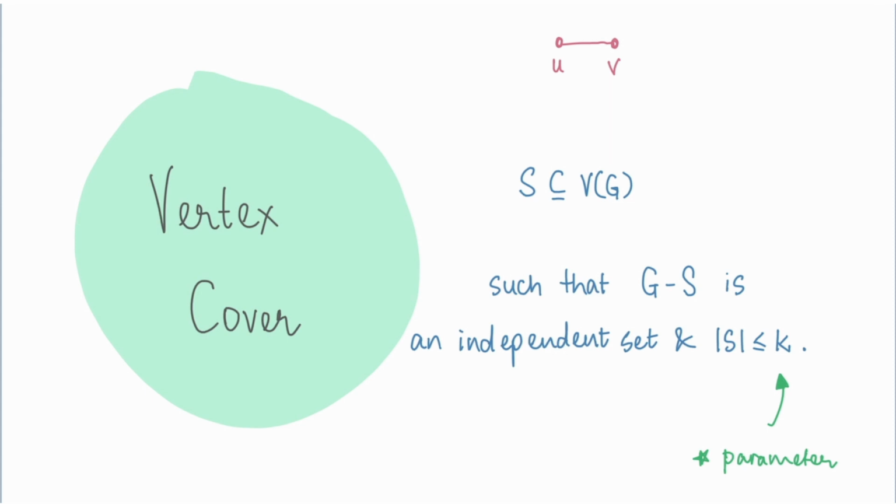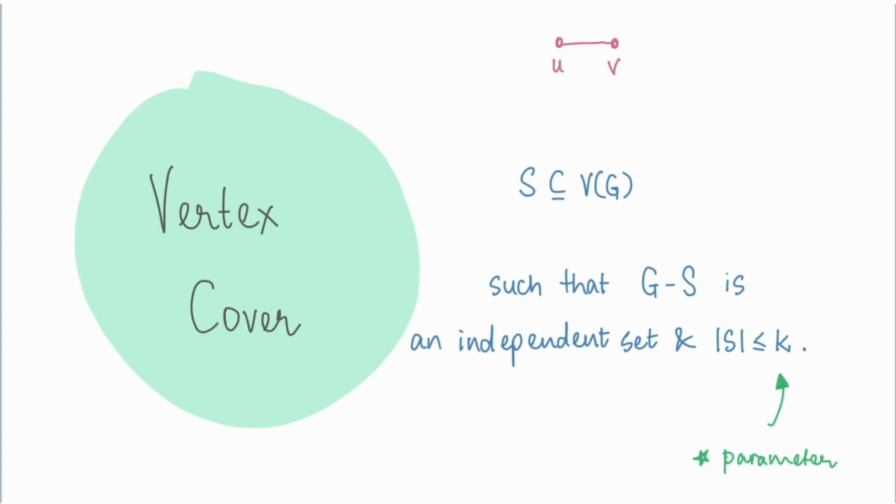So here's a natural randomized strategy. If your graph G is empty to begin with, then there's no work to be done. But if it has at least one edge, then just pick your favorite edge. It doesn't matter which one. You know that at least one of these endpoints is going to be useful to you, but you don't know which one. But in a randomized algorithm, whenever you're unsure, you can toss a coin. So you have an edge on your hands and you don't know which endpoint to pick.